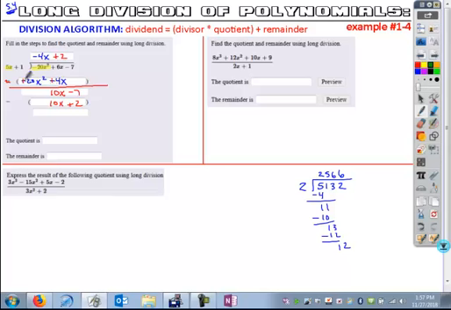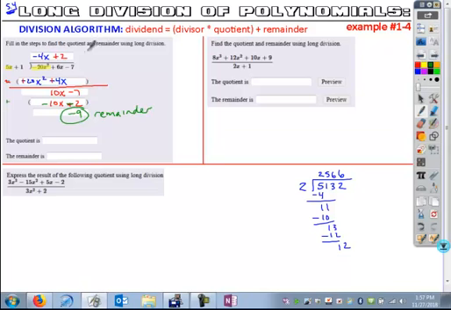Again, just like up here, it's whatever was in blue is actually going to be in that field. But when you apply this negative, it changes the signs of both of these, and then you combine what you have down. You got 10x minus 10x is 0. Negative 7 minus 2 gives me negative 9. And now there's no longer anything I can multiply 5x by to equal this result. Once I get that, this is my remainder.